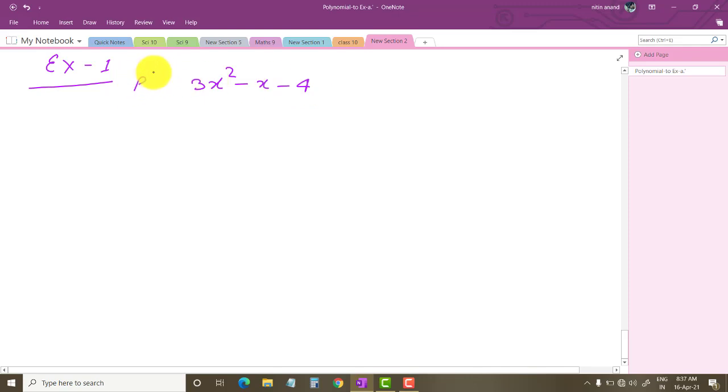This is our polynomial in terms of x, and firstly we have to find its zeros and also verify the relations.